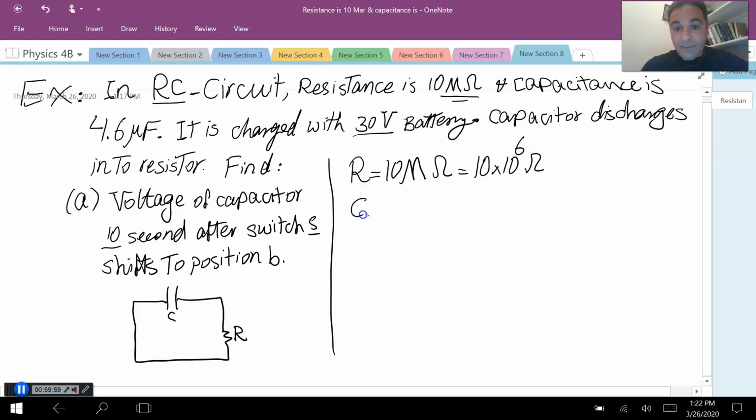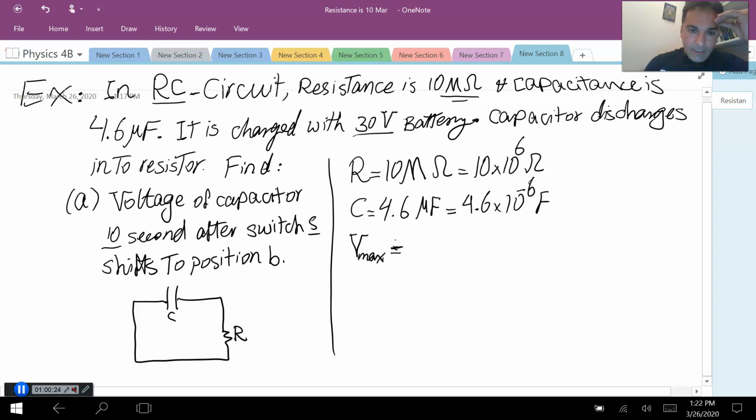Capacitance C is 4.6 microfarad, which is 4.6 times 10 to the negative 6 farad, right? It is charged with a 30-volt battery, so the maximum voltage of the capacitor is 30 volt, correct? Then it says the capacitor discharges into the resistor.